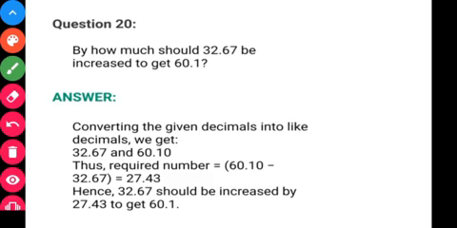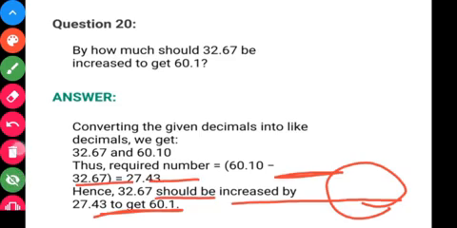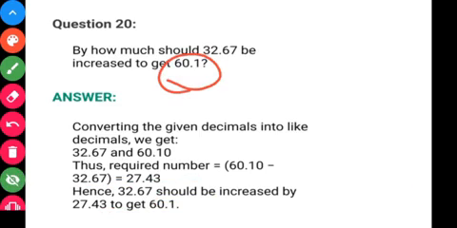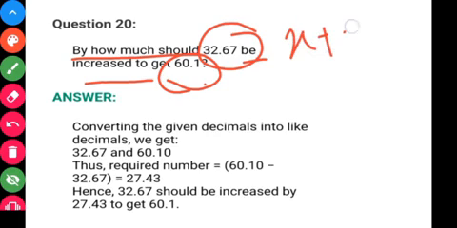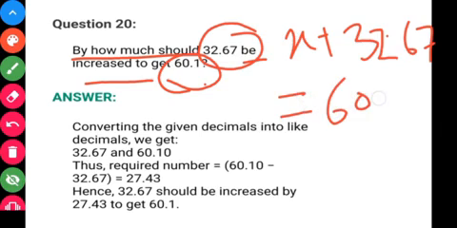Question number 20 is given: by how much should 32.67 be increased to get 60.1? Suppose x should be added. So x plus 32.67 is equal to 60.1.